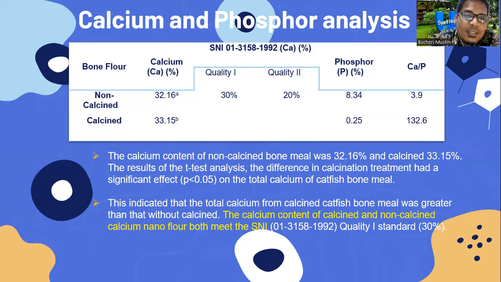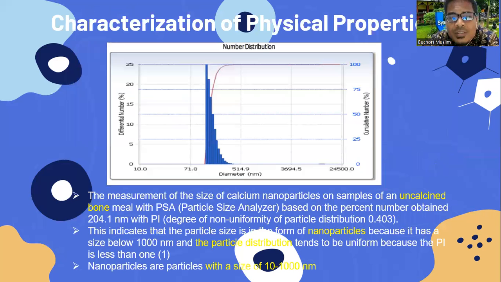And the next slide, this is a picture about characterization of physical properties, the measurement of the size of calcium nanoparticles on a sample of non-calcined bone meal with PSA, particle size analyzer, based on the percent number, 0.4.1 nanometer with PDI, the degree of non-uniformity of particle distribution, 0.403.